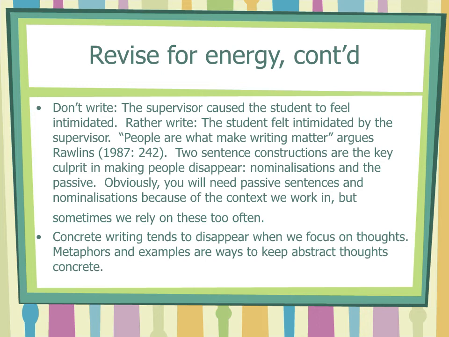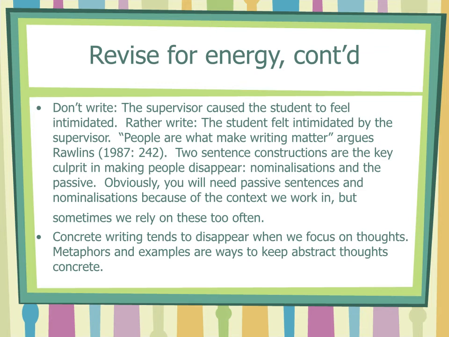You want to focus on active writing. So instead of putting things in the passive, although there are times when you will want to use passive, you don't want to have your entire thesis or paper in the passive. So instead of saying the supervisor caused the student to feel intimidated, which is very clumsy and we wouldn't really say that, to make it much more active, you would say the student felt intimidated by the supervisor.